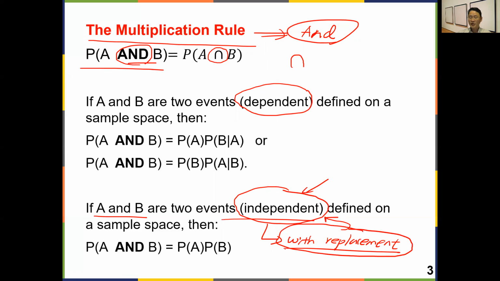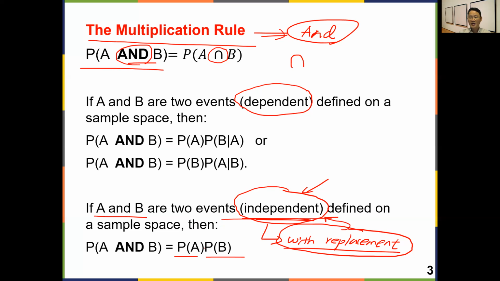So what if we are dealing with this independent case? Then when you calculate probability of A and B, all you need to do is simple multiplication between these two. It's just saying probability of A times probability of B. That's when these two events are independent events.